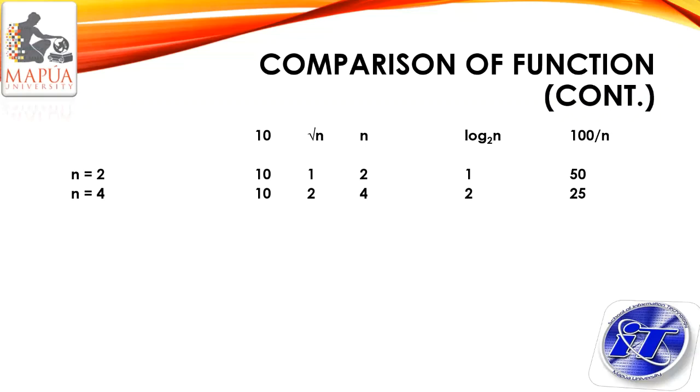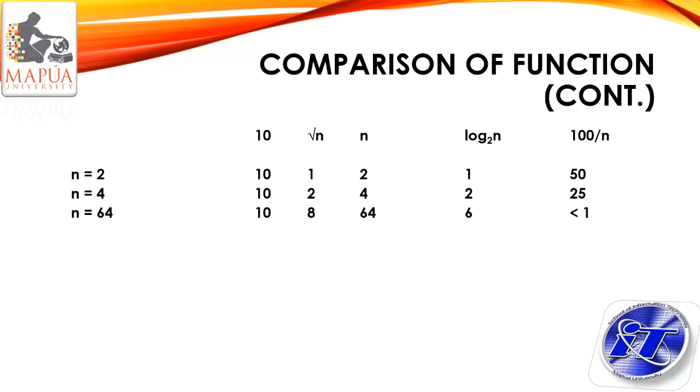That's constant. Then square root of n will be 2, n is 4, log n is 2, and 100 divided by n is 25. So in this algorithm, as n increases, the number of steps decreases.